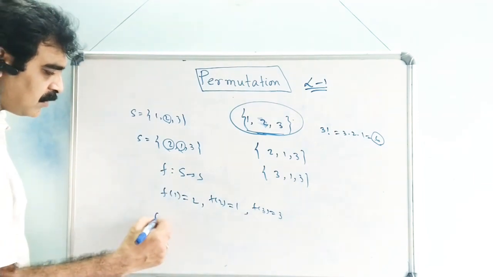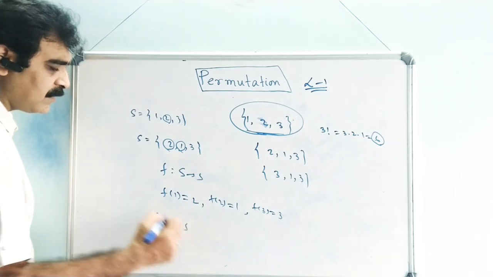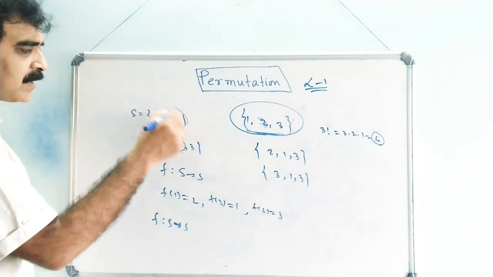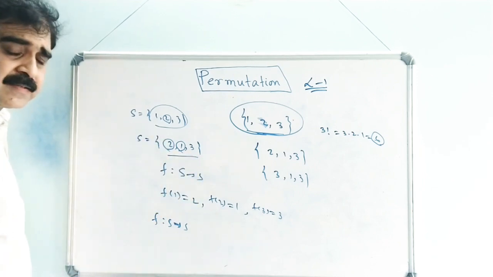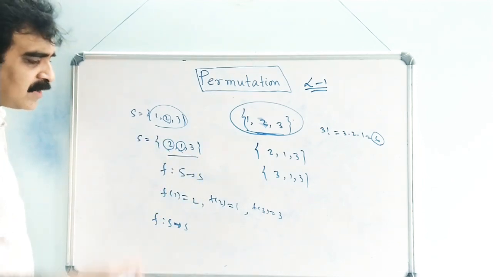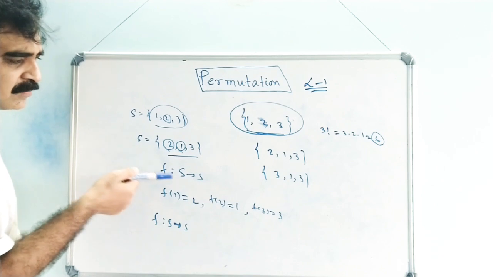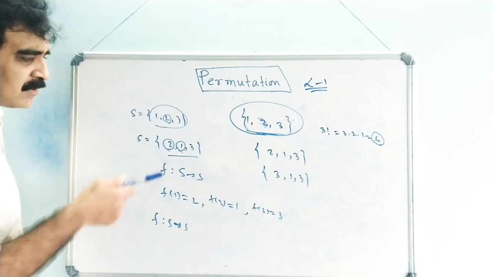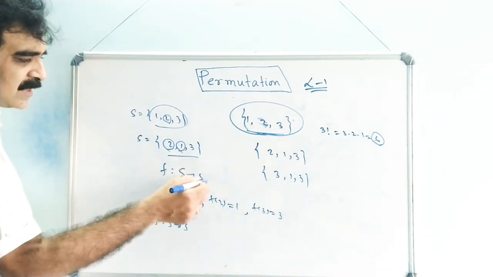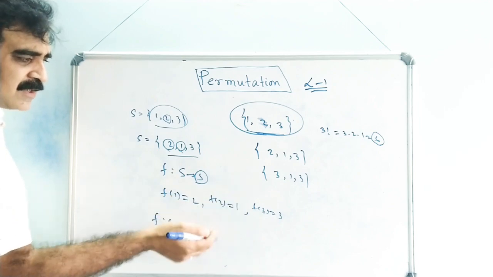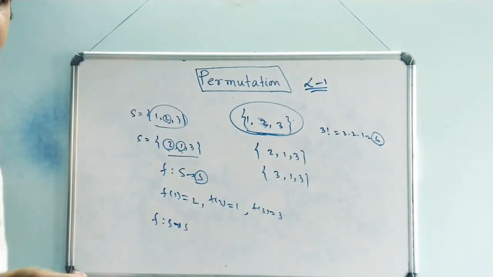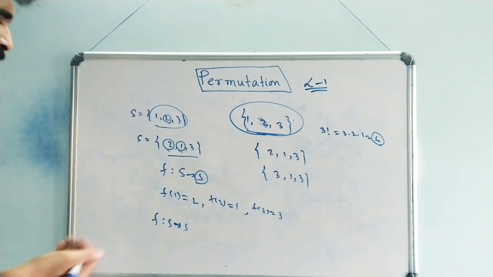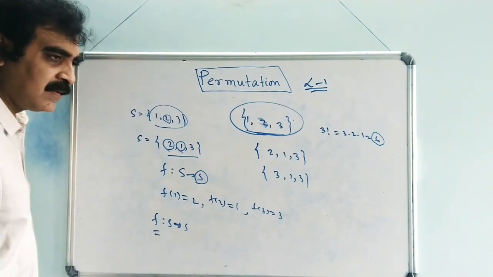The mapping is well defined because all the elements of S have exactly one image in S. Also it is a bijective mapping, because all the elements of S appear as an image, therefore it is onto, and an onto mapping on a finite set is also one to one. So it is a bijective mapping.